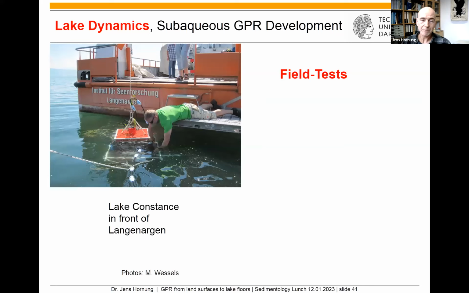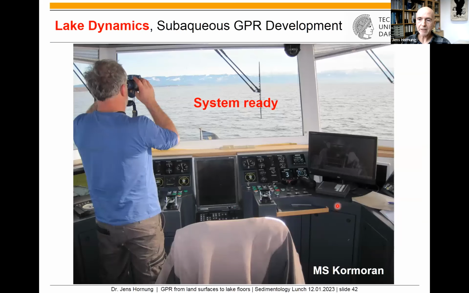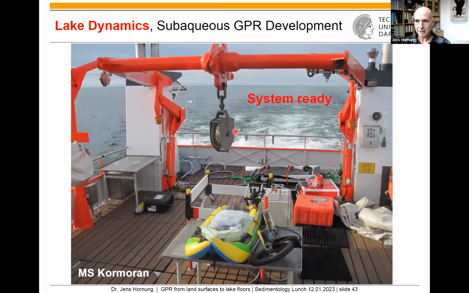We had real problems with macrophytes going into the system and blocking it, with sediment going on top of the device and so on. Several times I had to dive down to rescue our system. So it was a hard way of learning to develop a system in the end where we can go for the big survey and have it ready for use in the subsurface.